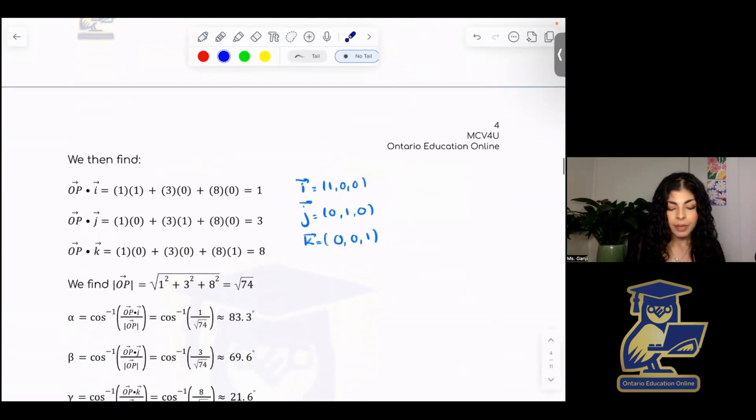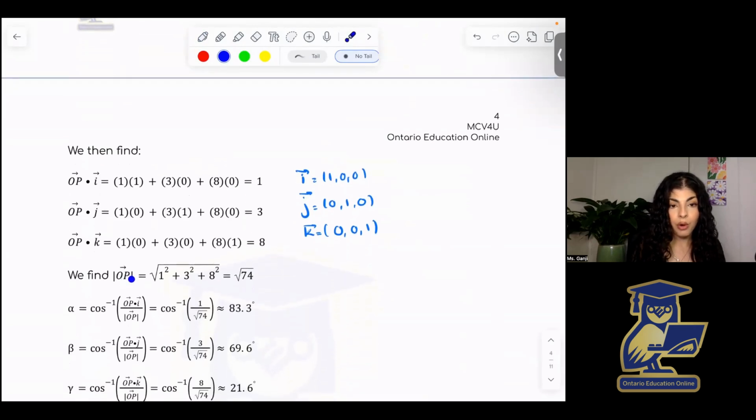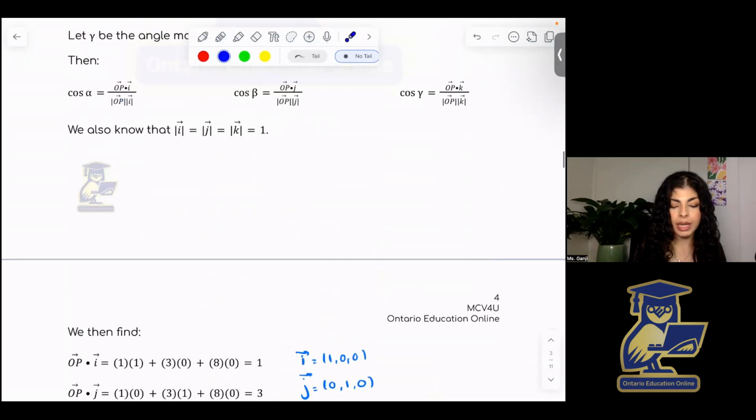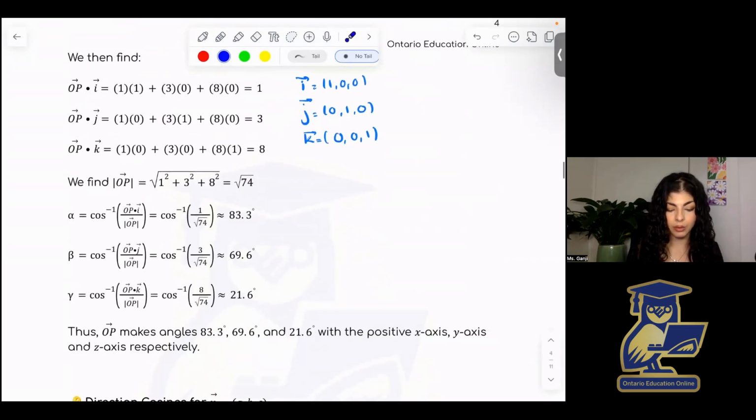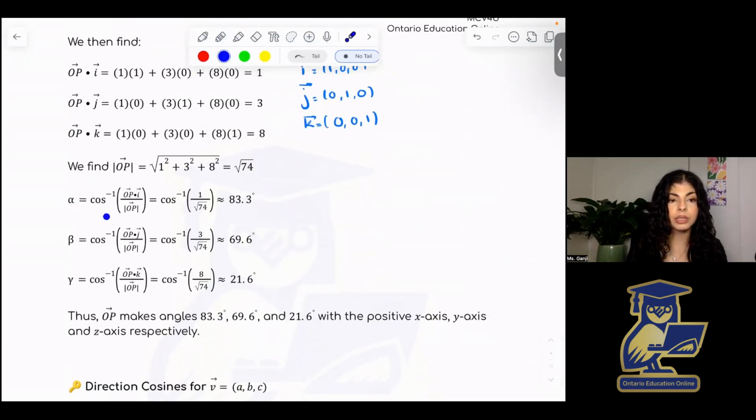So then we also find the magnitude of OP, which is 1 squared plus 3 squared plus 8 squared, and the square root of that, which is square root of 74. And so substituting it back into our 3 expressions to find those angles. So alpha is the cosine inverse of the dot product of OP and i, which was just 1. And the magnitude of OP stays the same for all of these.